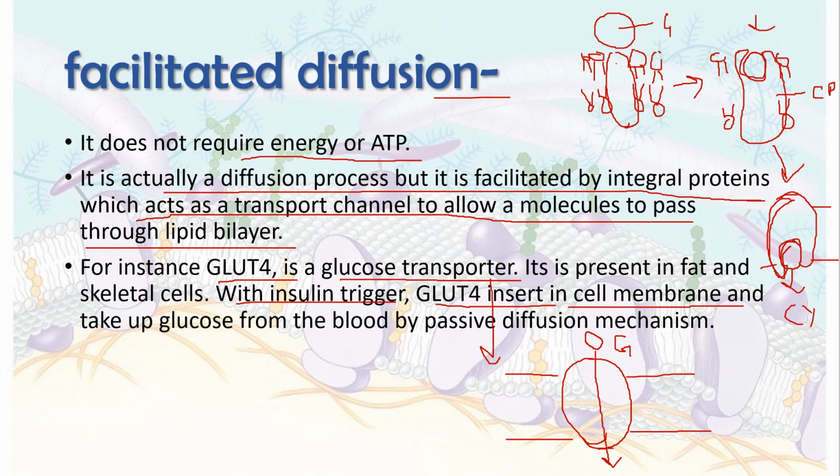As it is passive diffusion, the amount of glucose taken by the cell from blood depends upon how much sugar we consume. The more we consume, the more sugar will get diffused into the cell.